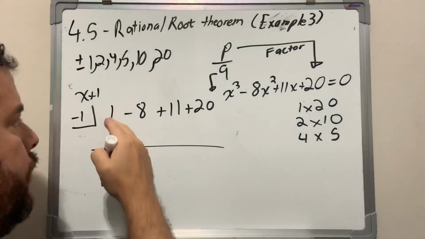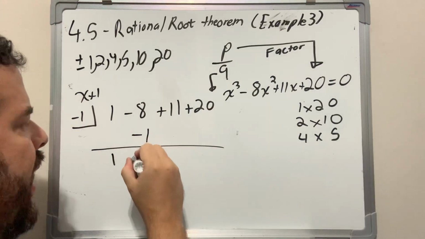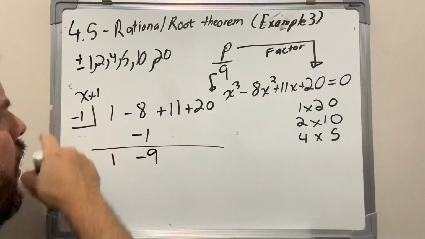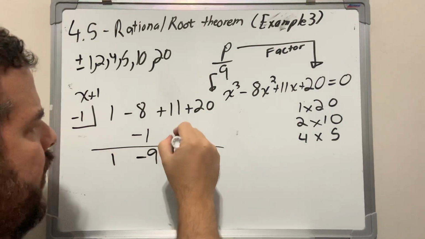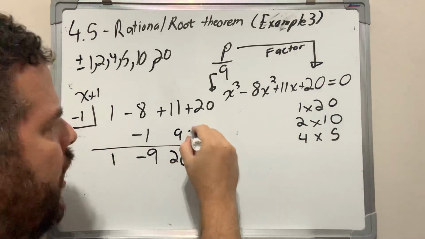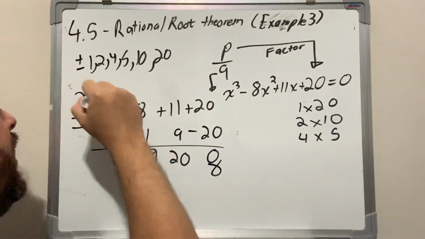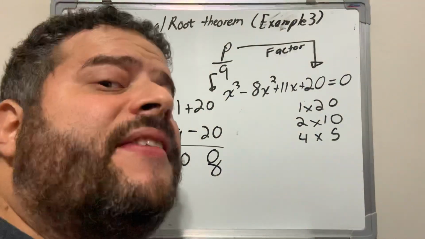Begin adding. 1 plus 0 is 1. 1 times negative 1 is negative 1. I add negative 9. I multiply 9. I add 20. I multiply negative 20. I add 0. Magically, I know that x plus 1 is a factor.